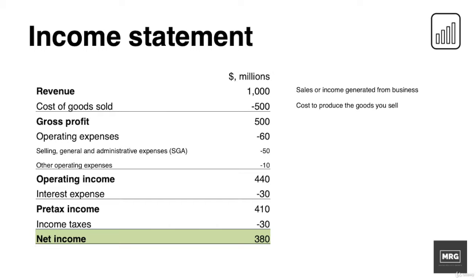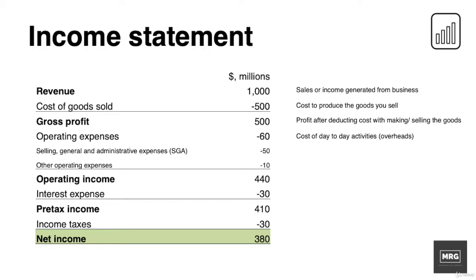So taking off 500 million for the cost of goods sold, you will come to the gross profit of 500 million. So this is the profit after deducting costs of making or selling the goods. And then you have operating expenses. So here you can see that it is the cost of day-to-day activities, or sometimes we call it overheads.